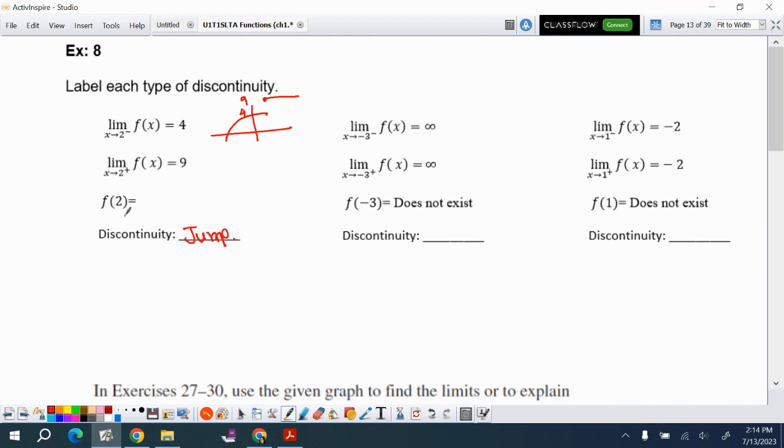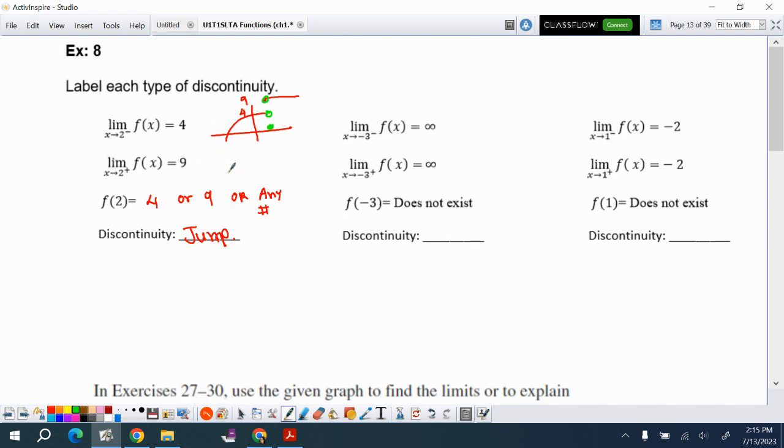What could be f of 2? Now, this is an open-ended question. F of 2 could be 4 or 9 or any other number. It is possible that they both are open circles and the circle is closed somewhere else.